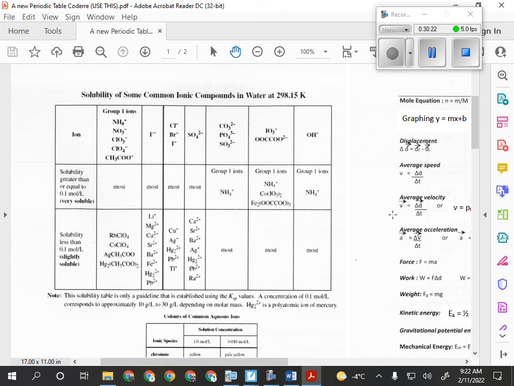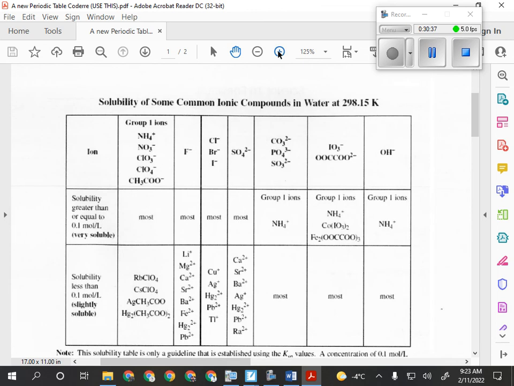Back of the periodic table, left-hand side, is your solubility chart. Here's how it works. In the top row are your negatively charged ions that could be part of an ionic compound. In the rows below are your metals, or positively charged polyatomic ions. The second row is the stuff that is very soluble. If it's in the bottom row, it's only slightly, or we just say not soluble.